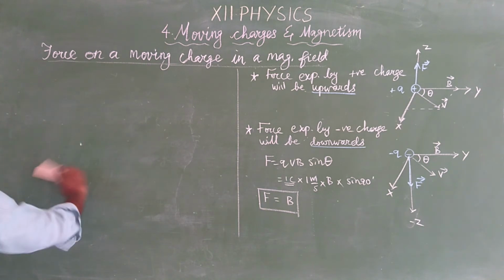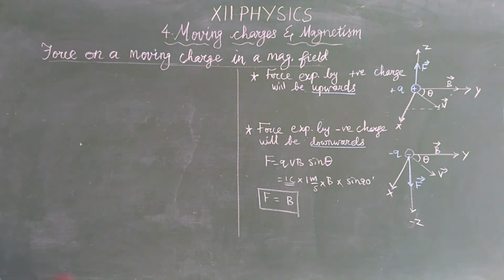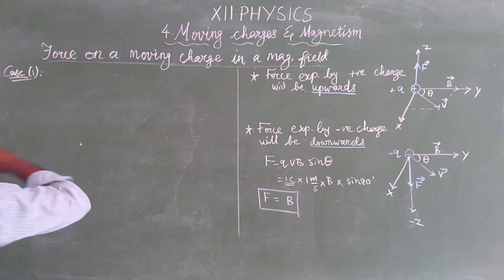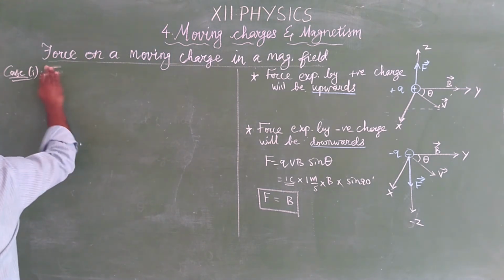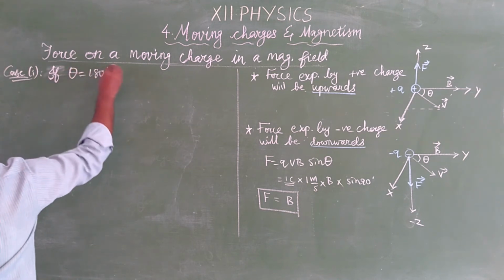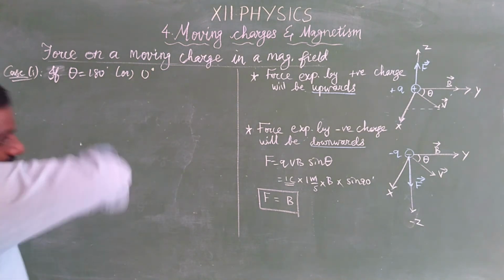Now we are going to determine for which case there is maximum force. We have 4 cases. Case 1: from the figure, the theta value is 180 degrees. If theta is equal to 180 degrees or 0 degrees, then what about its force?